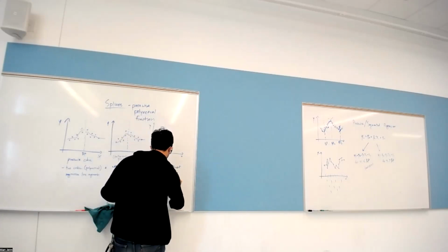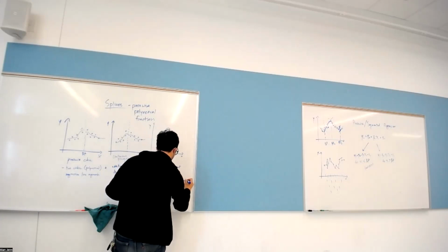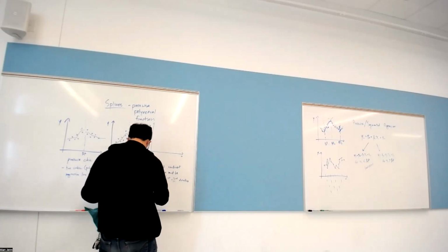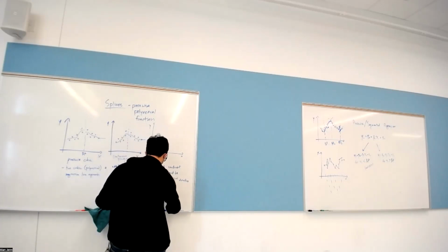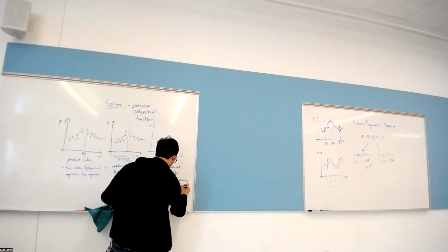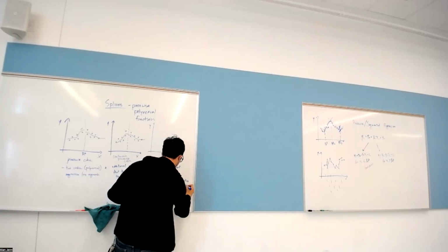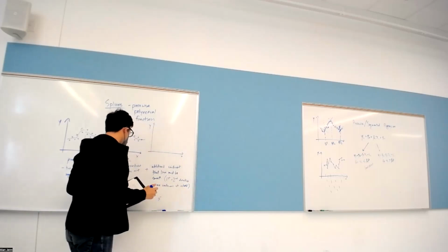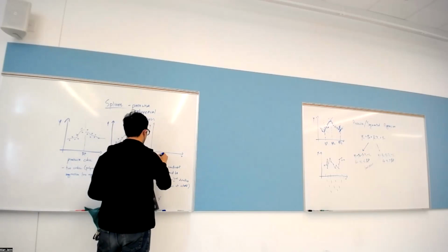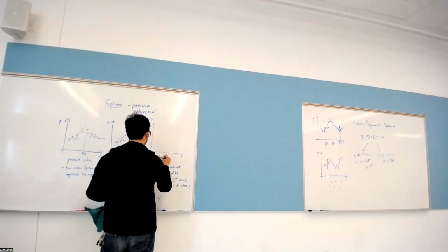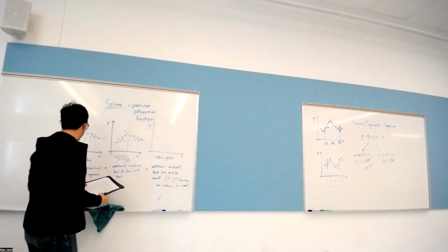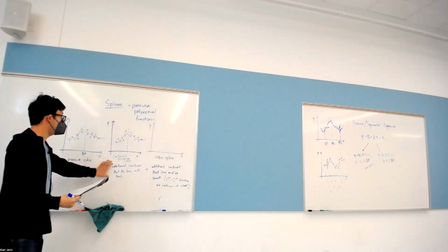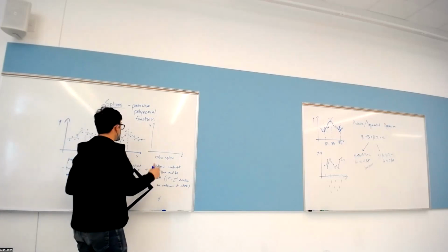Which means the first plus second derivatives are continuous at the cutoff point. And this is what we call a cubic spline. Okay, it is essentially a piecewise cubic with these two constraints.